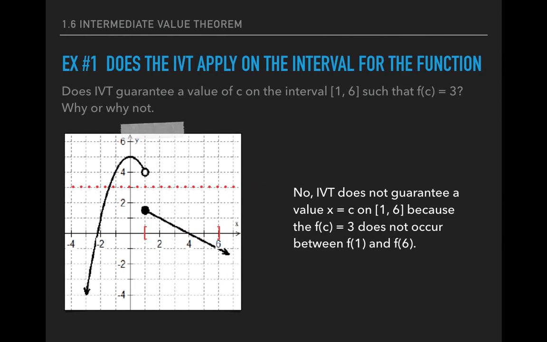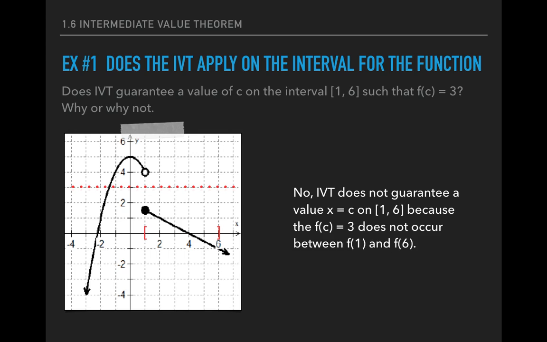And now let's ask ourselves the question, are we guaranteed a value of c on that interval? No, because the output of f at 1 is 1.5 and the output of f at 6 is -1.